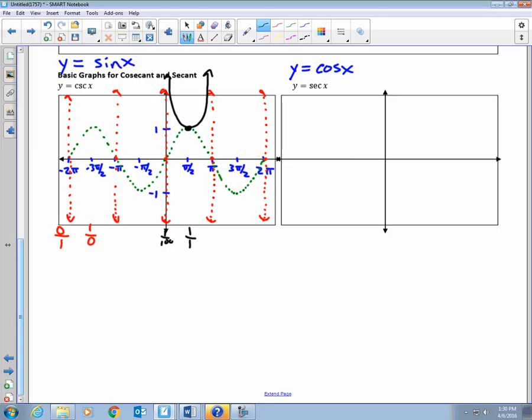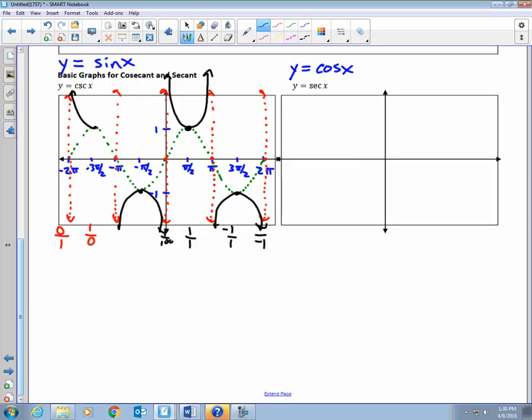And it's the same thing down here. What is the height of sine right here? Negative 1. What is the reciprocal of negative 1? Negative 1. So therefore, do that.